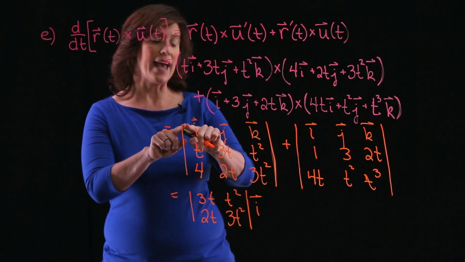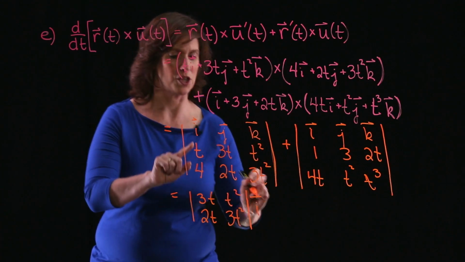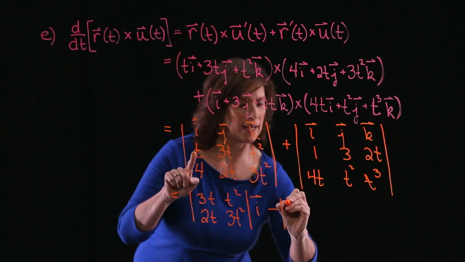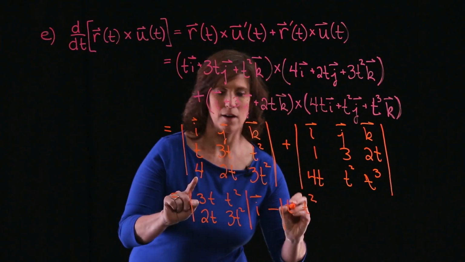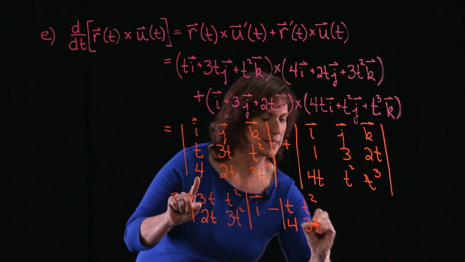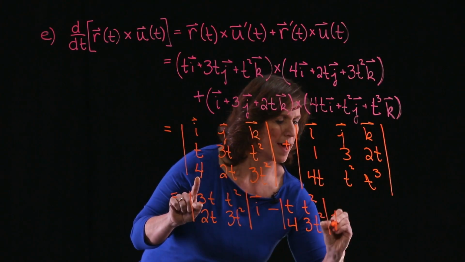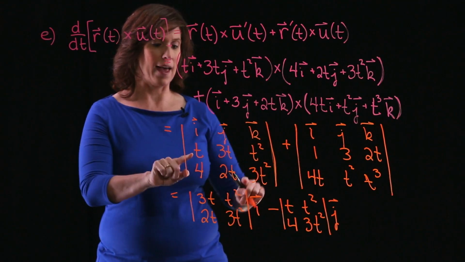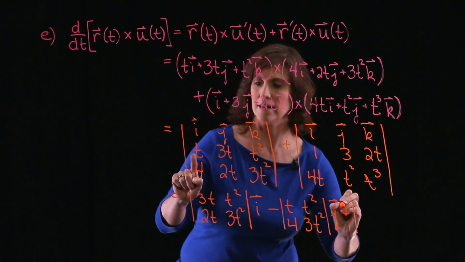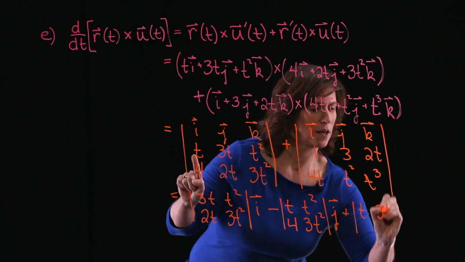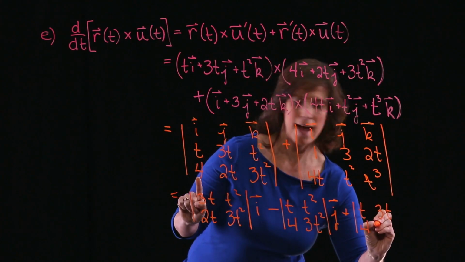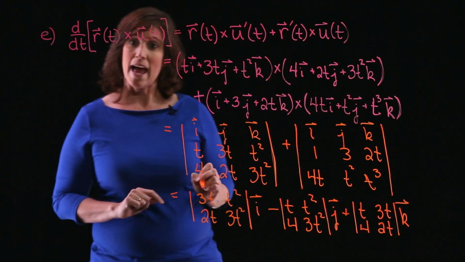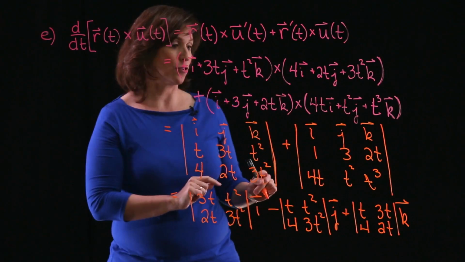I'll move on to j, and again, eliminating the row with j and the column with j, I'm going to subtract the determinant using t, t squared, 4, and 3t squared, and then multiply that determinant by vector j. I'll eliminate the row with k and the column with k, and I have the determinant using t, 3t, 4, and 2t, and multiply that by vector k. Now I can move on to my second cross product.